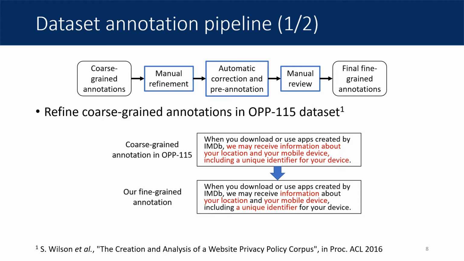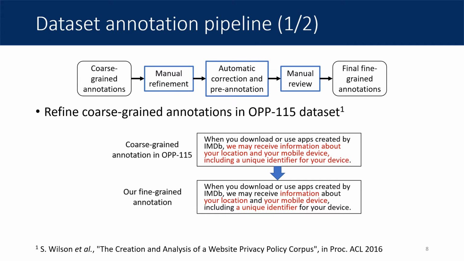In particular, we selected and annotated 30 documents from the 115 online privacy policies in the OPP 115 dataset. We resolved the conflicting annotations, refined labels which cover long text, and identified additional data objects that the original annotators missed.